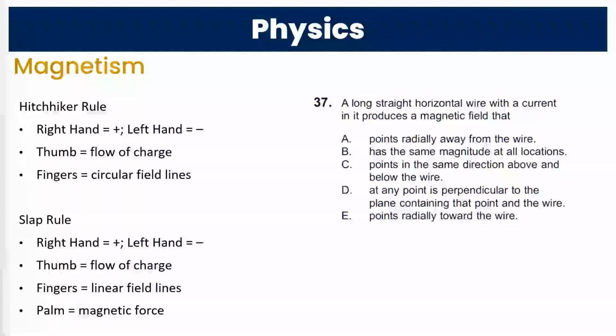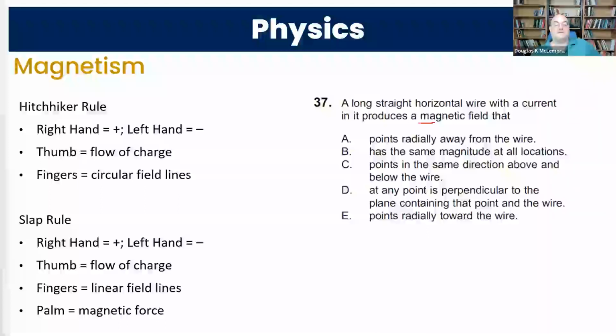Oh, the hitchhiker rule, because they're asking me to describe the magnetic field. And that's always the thing you want to do. Since this is the one that determines the field lines, this is the hitchhiker rule. The slap rule is when you're looking for the force. And that right there will save you all kinds of headaches, because most of the time, that's what people do wrong in these questions. You're thinking about the wrong right-hand rule.